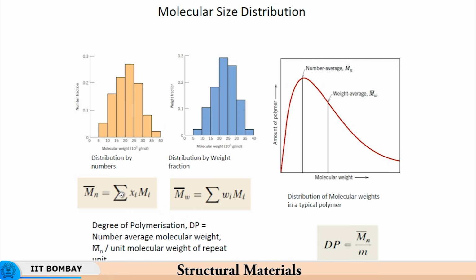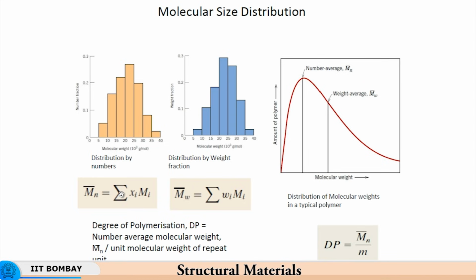Now, if you look at the ways to represent the molecular size distribution, you have the number fraction in terms of molecular weight. So, you have, let us say, 5% of molecular weight up to 10 into 1000, so 10,000 gram per mole.